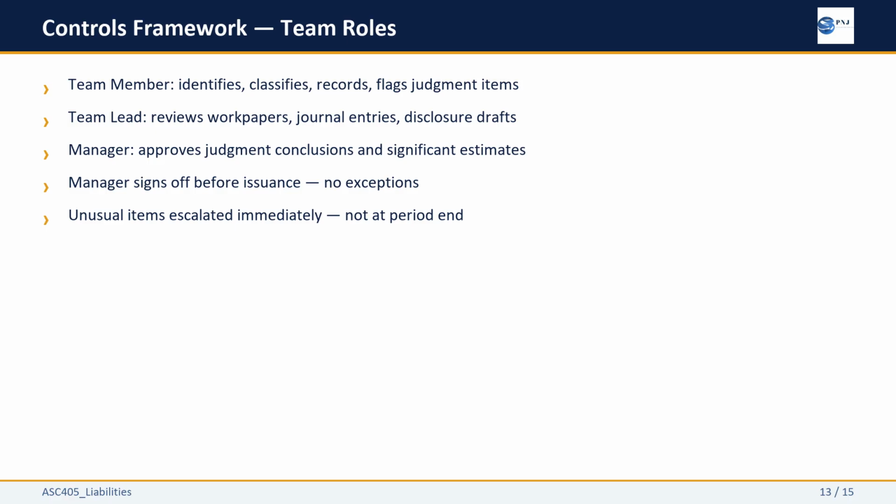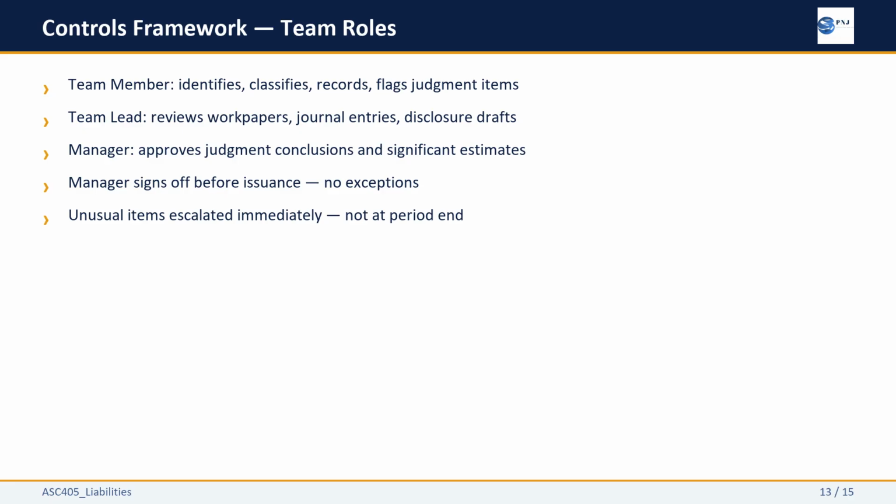Controls only work when everyone knows their role. The team member performs the initial identification, classification, and recording work, and critically, flags any borderline or judgment-based conclusions to the team lead immediately, not at the end of the period. The team lead reviews all classifications, journal entries, and work papers, and also reviews disclosure drafts before they go forward.